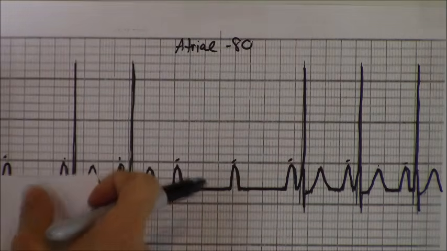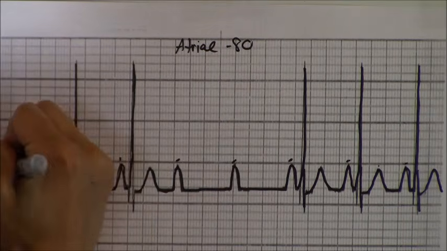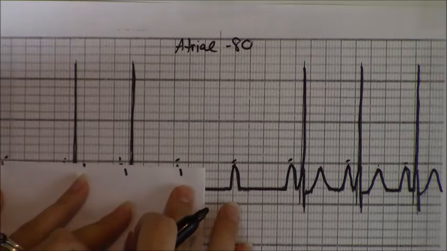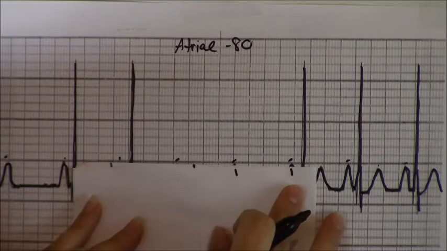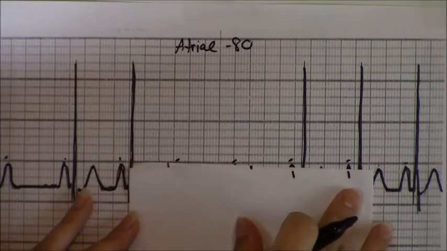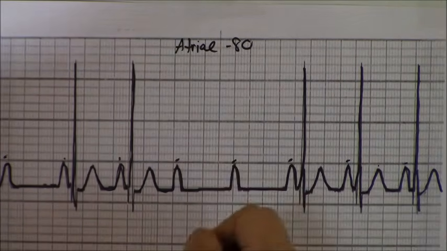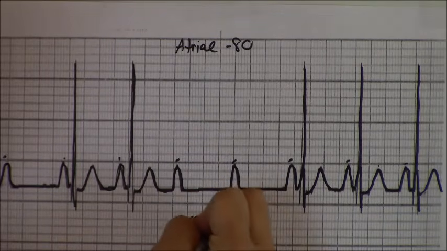So let's measure these out. And our P waves are looking regular. So we know that our P waves are regular. So I'm just going to write right here, P waves regular.